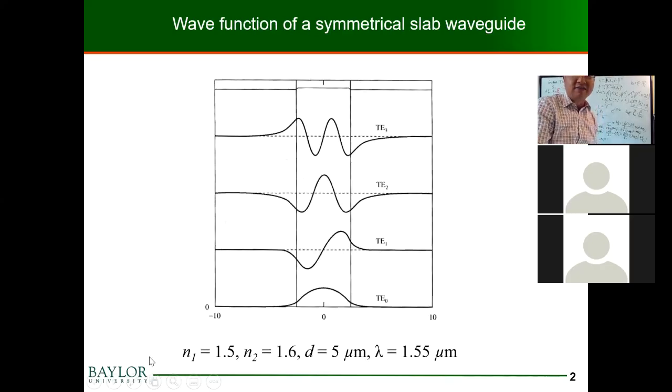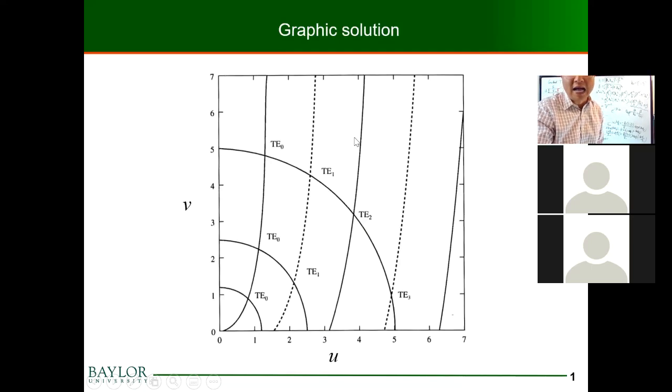If N1 is 1.5, N2 is 1.6, D is 5 micron, and wavelength is 1.55, we get 4 solutions. These are called TE0, TE1, TE2, TE3. Those are the solutions here, here, there, and there.